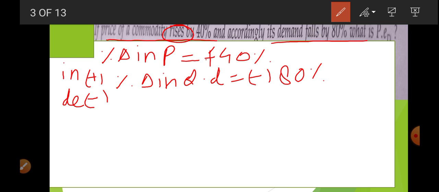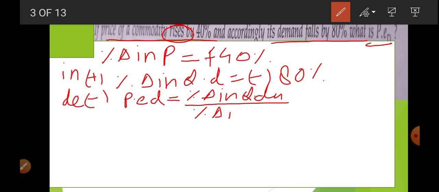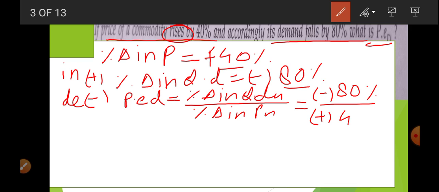Now what is the equation for getting the price elasticity of demand? Price elasticity of demand is equal to percentage change in quantity demanded of X upon percentage change in price of X. The percentage change in quantity demanded is minus 80% upon the percentage change in price, plus 40%.